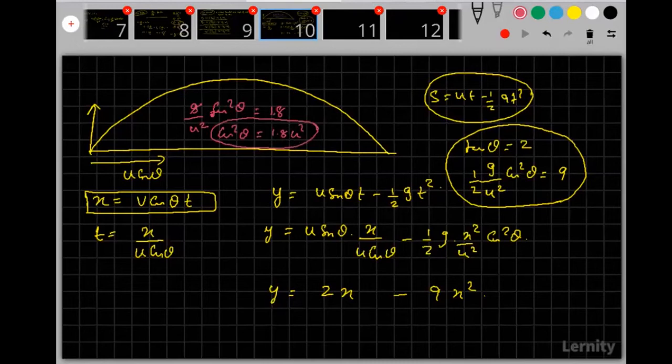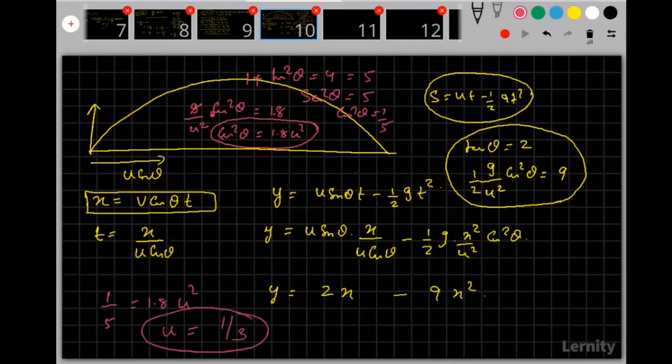Then tan theta is equal to 2, which means tan squared theta is equal to 4, so 1 plus tan squared theta is equal to 5, which means secant squared theta is equal to 5. So cos squared theta is 1 by 5. So 1 by 5 is equal to 1.8 by u squared, so I'll get u squared is equal to 1 by 18 into 5 is 9, so I'll get u is 1 by 3.